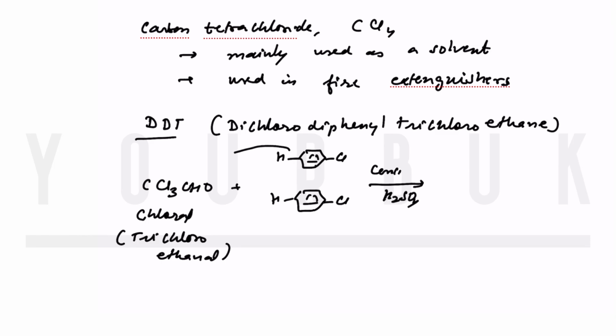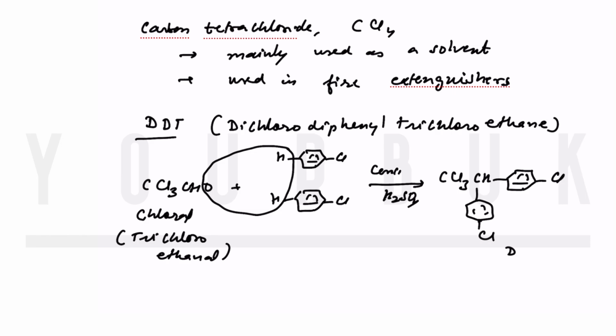There is a loss of water, dehydration takes place, and it gives us DDT. So this is the structure of DDT. DDT is used as a pesticide, but it causes water pollution.